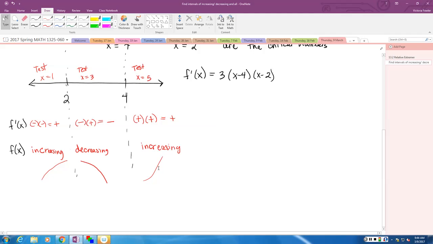What we want are to have intervals of increasing and decreasing, so let's go ahead and do that. So f, we should write it that way, f is increasing over what intervals?